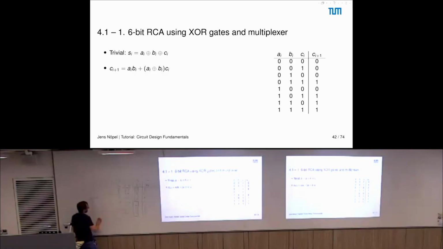So now what's the next one? The next one is this one here, and let me shortly have a look. All right. And the second thing is, now we see that if we write something like this, this is the XOR of A XOR B. And this only happens if Cin is 1.